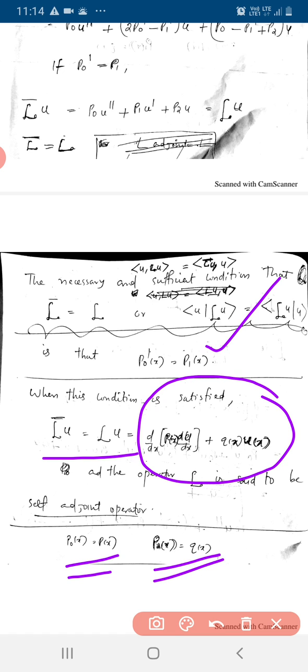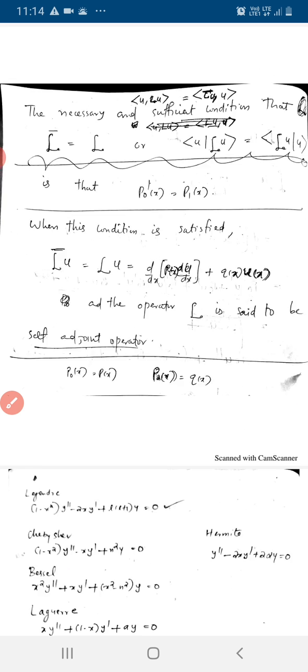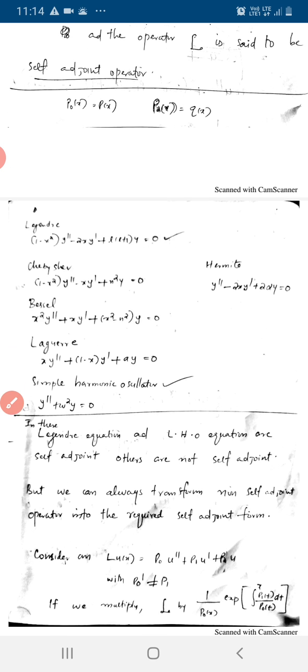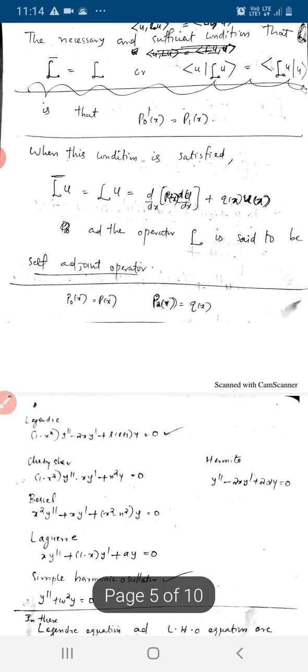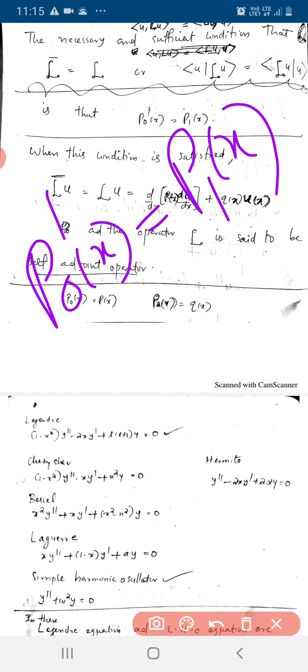We have taken P2 of x as the Q of x in our original definition of the differential operator. So we have seen the self-adjoint differential operator, and for a differential operator to be self-adjoint, the important criterion is P0 prime of x equal to P1 of x.